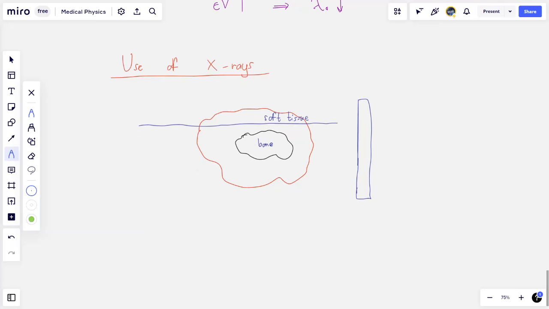It turns out that X-rays pass straight through soft tissue without being absorbed, and they'll get to bone but not pass through bone. They'll be completely absorbed by bone. But again, if there isn't anything blocking their path, they will happily just pass through the softer tissues, the softer structures in the body.